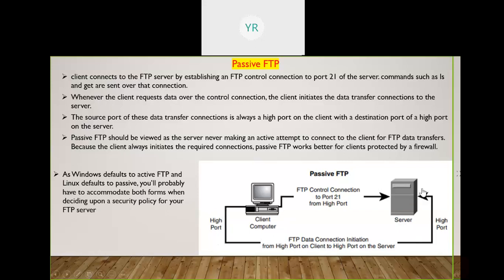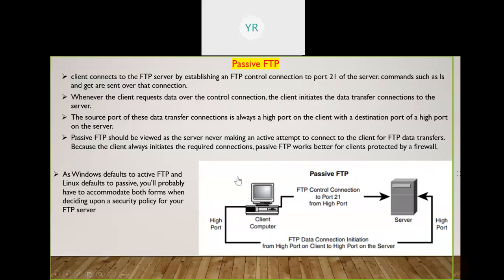So here there is no need of port 20 of the server. Here the client initiates the data connection to a high port of the server. So the source port of the data transfer connection is always a high port on the client, with a destination port of a high port on the server.